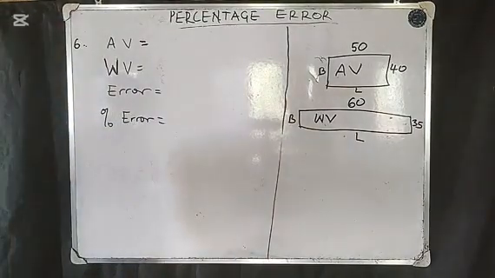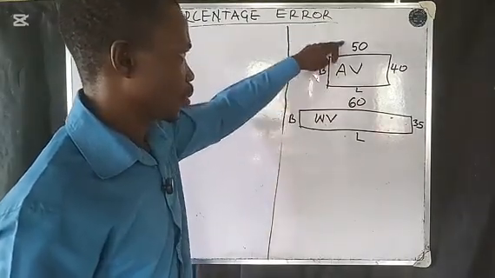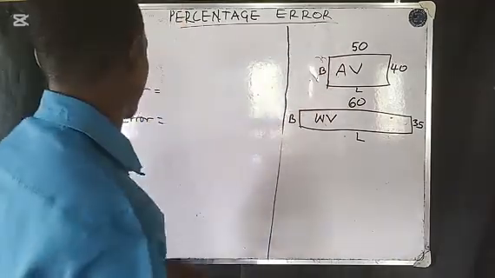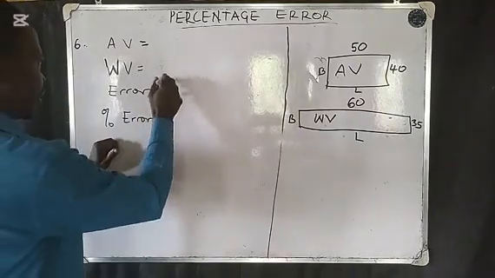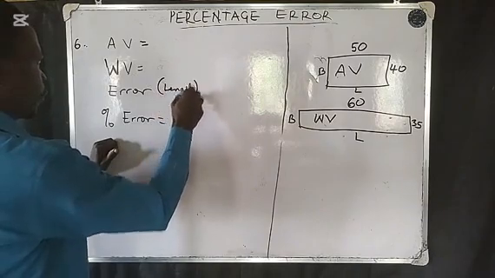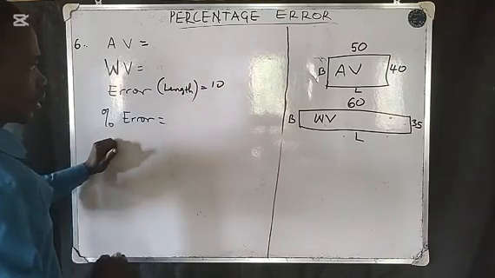They say we calculate the percentage error in the length and the breadth. Now, if you look at these two, the error in the length, look at 50 and 60. So the error now will be what? I'll write error in length, will give us 10, right?